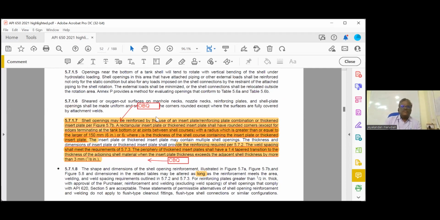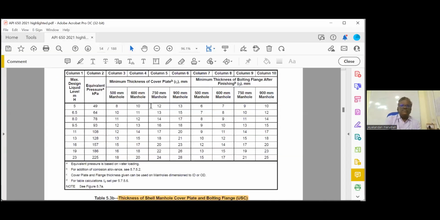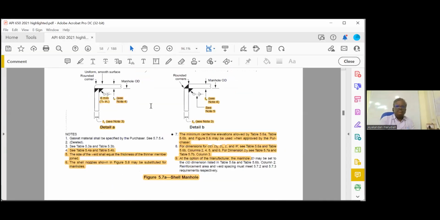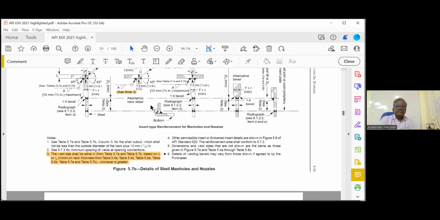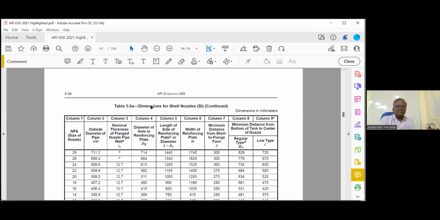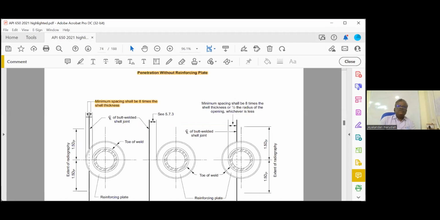Then next one, when a penetration without reinforcement is crossing a vertical joint, what should be the minimum distance it should cross the vertical joint? That is the drawing you have to refer. The minimum, how much it is crossing the vertical joint. This one, page number 5-50.